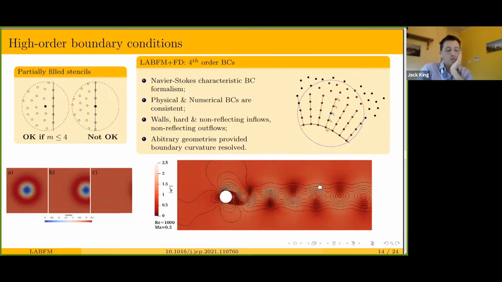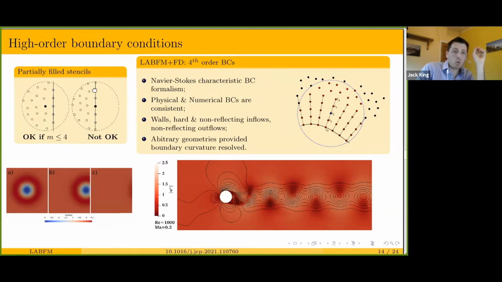Taylor-Green vortices are periodic, and it's really a comparatively easy problem. Boundaries present a more significant challenge. Whilst partially filled stencils like this one on the left are okay, we can get away with up to the penultimate row of nodes at 4th order, and about the third from the edge row of nodes at 6th order.